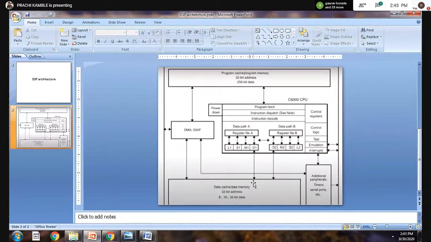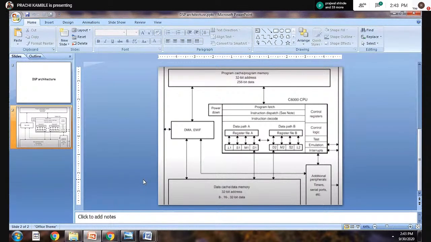That is why the arrow is like this. This unit is connected to the CPU. This is the whole CPU of the processor, and then this EMIF is also connected to the additional peripherals. So this unit is interlinked. This is the architecture of the DSP processor.